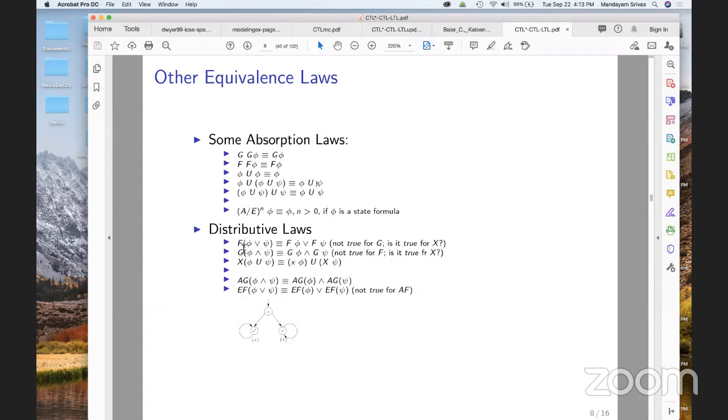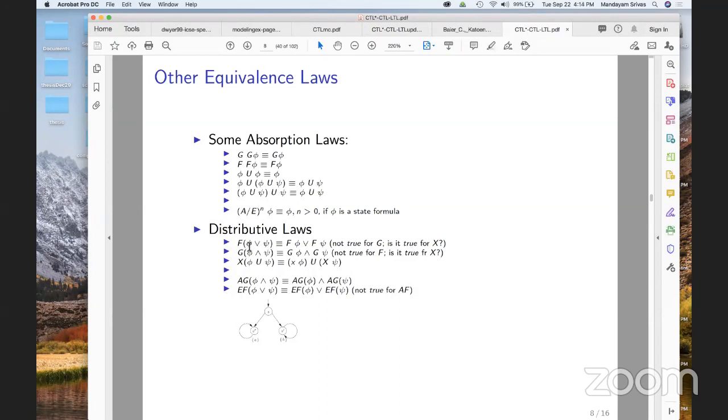Is X of phi or psi equal to X phi or X psi? Yes, correct. It is true, because either one is true. And that is true for F also.